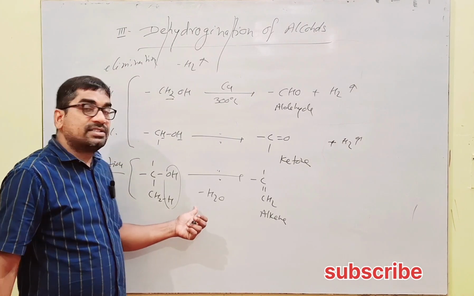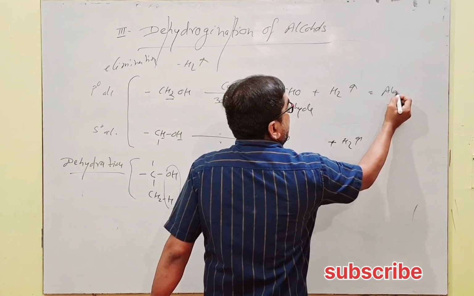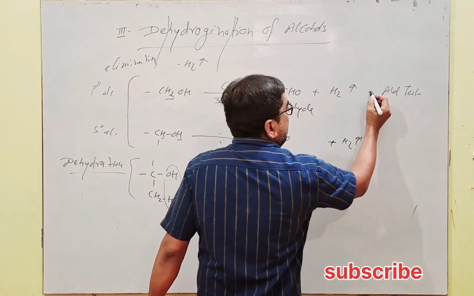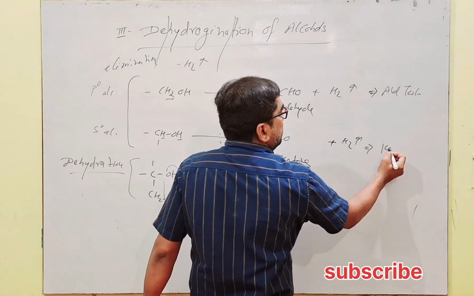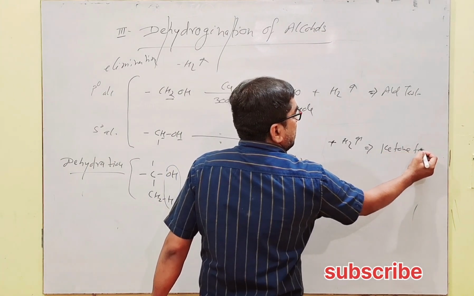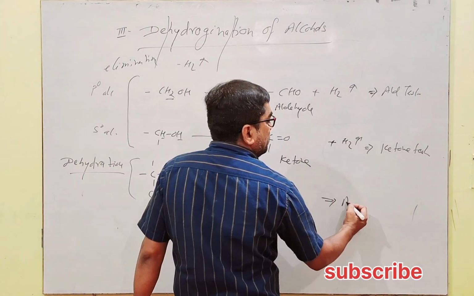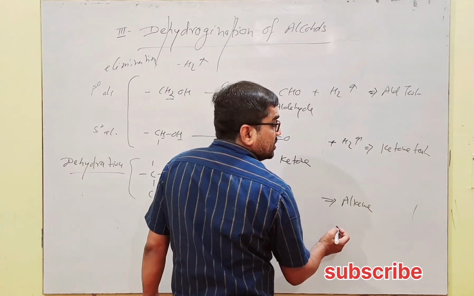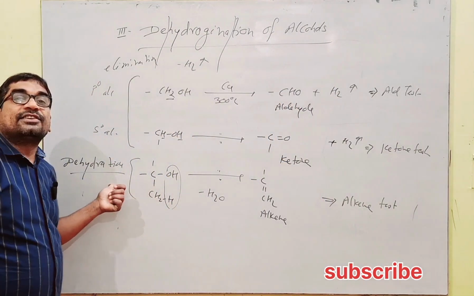Dehydration, an elimination reaction, is carried out. So primary alcohol will give the aldehyde test after dehydrogenation, secondary alcohol will give the ketone test after dehydrogenation, and tertiary alcohol will give the test for unsaturation, the alkene test, after dehydration.